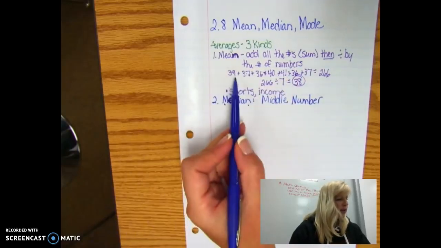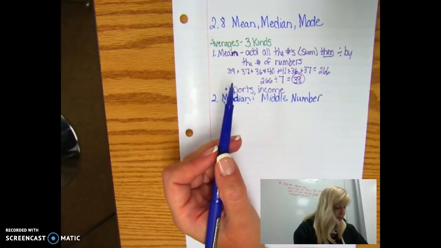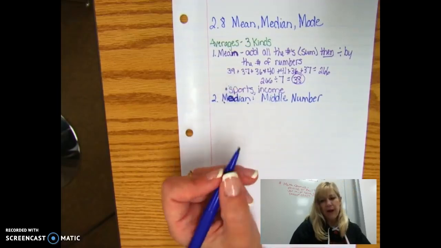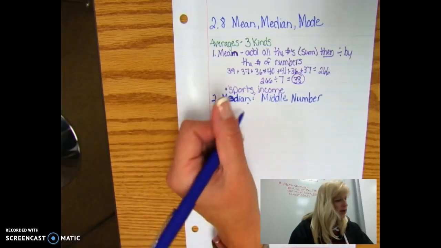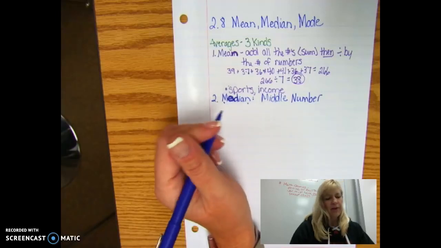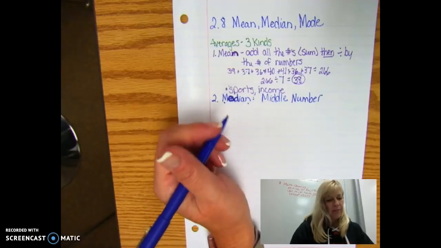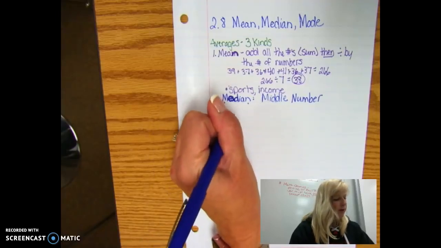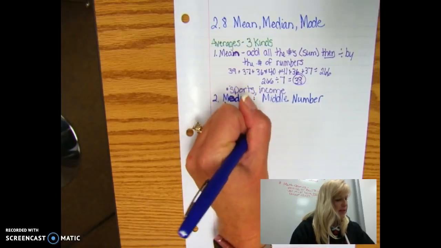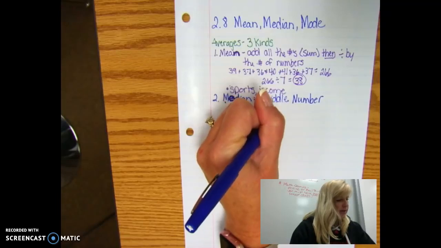So when you're looking at a data set of numbers, you line them up in order. So let's say that we're talking about the median number of children people have, and we have the number 2, 2, 2, 3, 6, 6, 10.